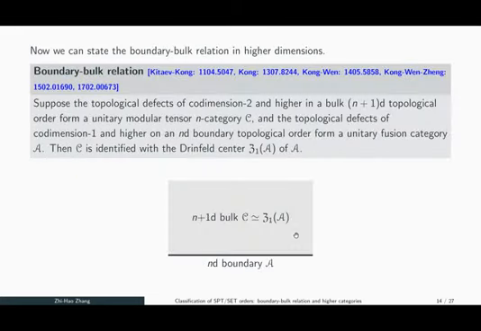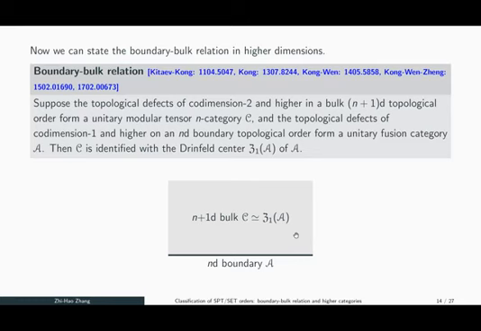In all, we can state the boundary-bulk relation in higher dimensions. In this case, we have an N+1D bulk topological order. And in this N+1D bulk, we consider the codimension 2 and higher topological defects. They form a unitary modular tensor N-category C. And it has an ND boundary A. On this ND boundary, we consider the topological defects of codimension 1 and higher. So we just consider all topological defects on the boundary.